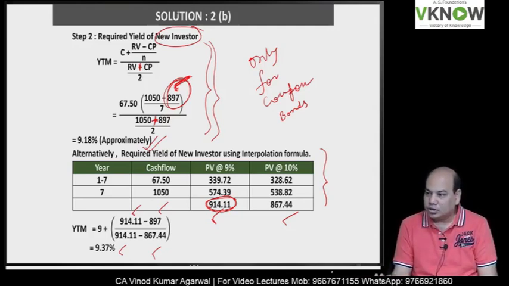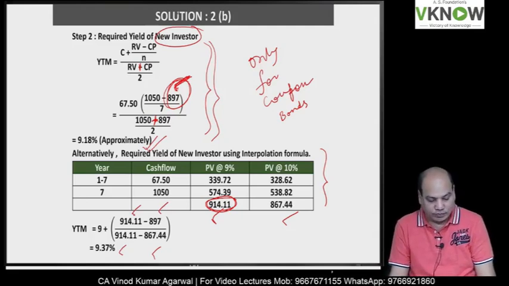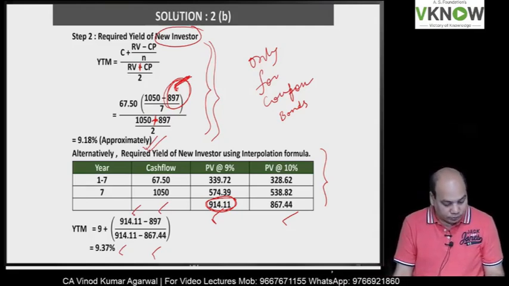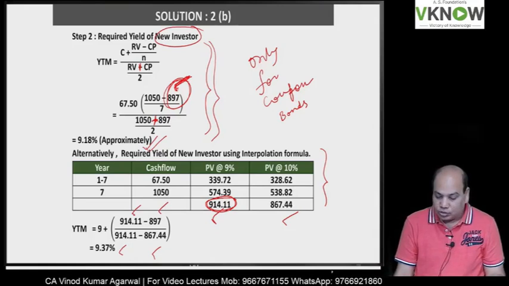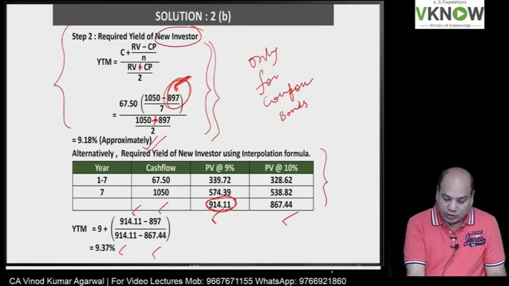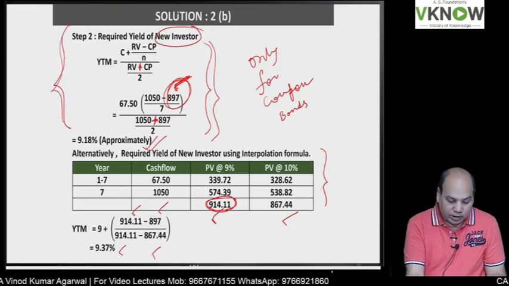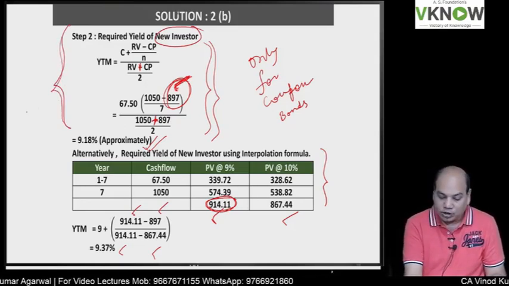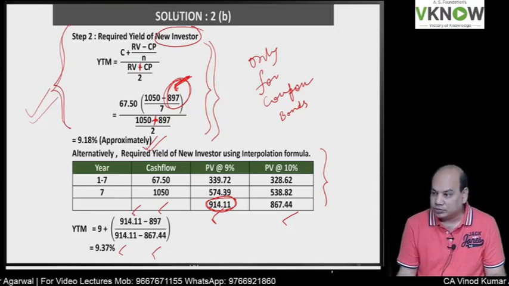Right? 9.36 is also okay. 9.37 is also okay. So this is called YTM using interpolation formula, and this is called YTM using formula method, but it has limited applicability. The formula cannot be applied for every type of bond.